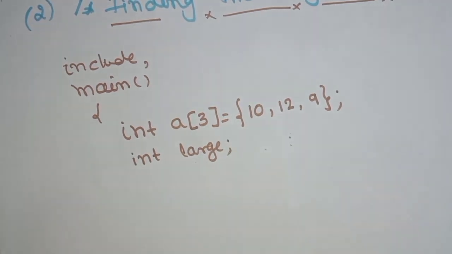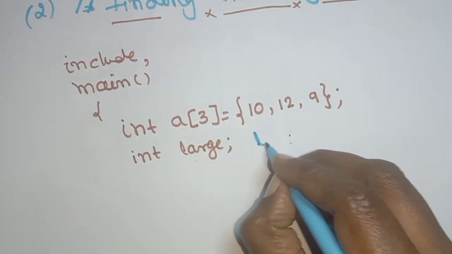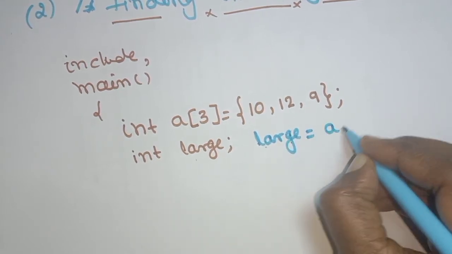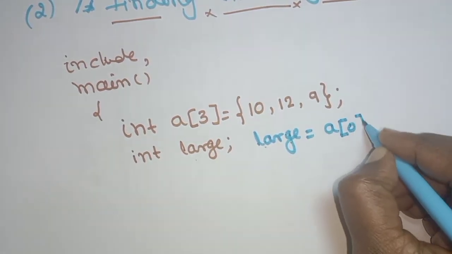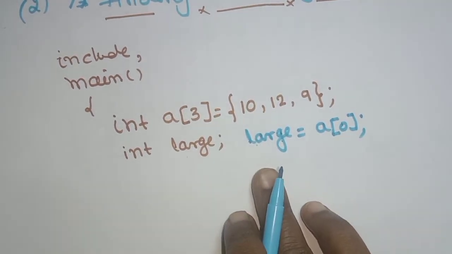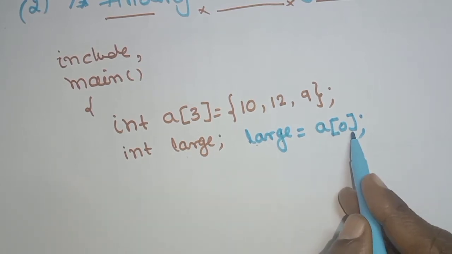You have to take another variable called large. Take one variable as int large, and next I will assign large is equal to a[0]. Large is one variable, and in that large you have assigned the a[0] value.